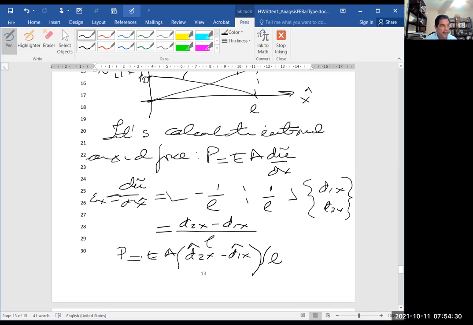Okay, this is just an approximation. Now you see that because of the interpolation, this is a linear interpolation, the result here is that the force, the internal force in this element, is constant. So P is constant in the element.